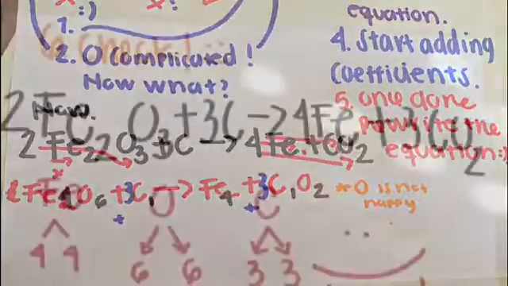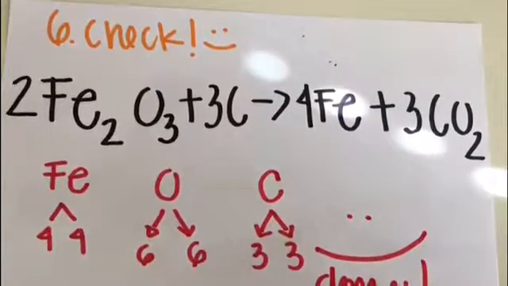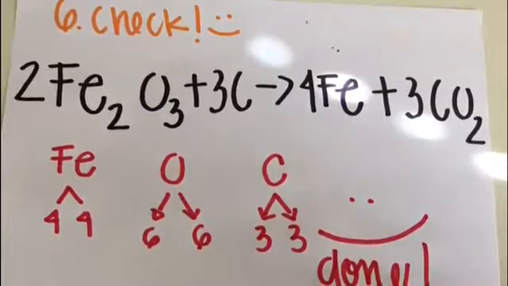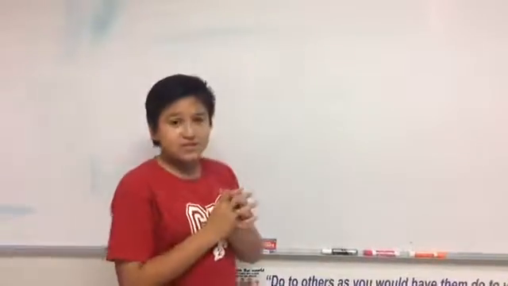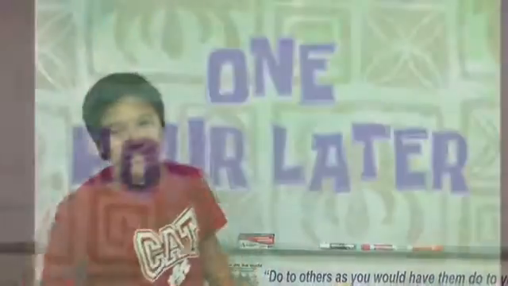So you need to add more coefficients. After you finish adding all the coefficients, you need to rewrite the equation and check it to see if it is correct. Whoa, I understand now, yes. Okay, I'm glad you understand. So now let's move to the next lesson.